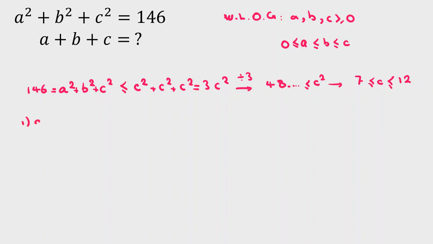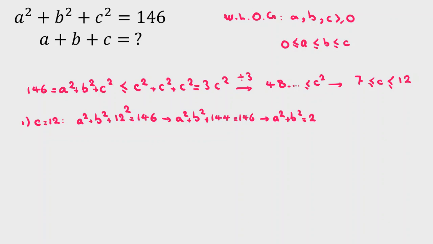The first case, if C equal to 12, then A squared plus B squared plus C squared, which is 12 squared, equal to 146. Now we can conclude A squared plus B squared, 12 squared is 144, equal to 146. A squared plus B squared equal to 2.